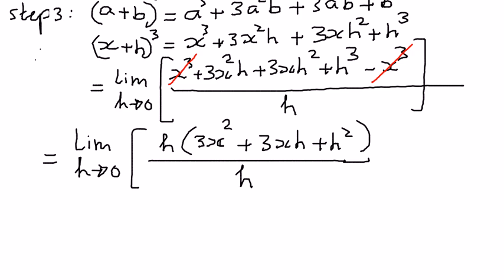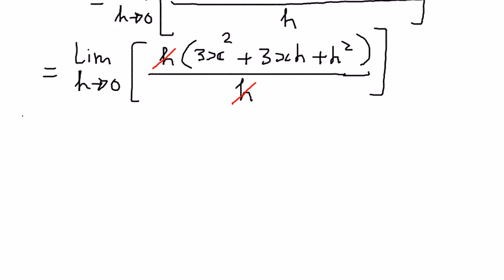Let us see whether we did the math correctly here. When we pull out h common between 3x squared h plus 3x h squared plus h cubed, we are left with 3x to the power of 2 plus 3x h plus h squared, the whole thing divided by h. We have an h in the numerator and h in the denominator, so we can cancel that out. Therefore, when we simplify it some more, it comes out as follows.